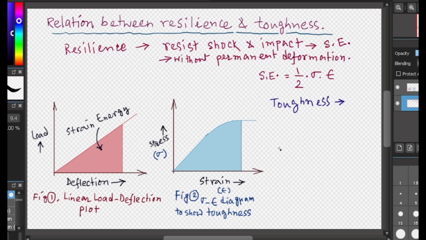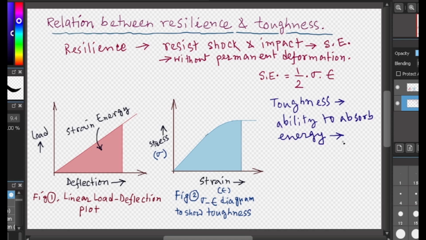It is the ability of a material to absorb energy during both elastic and inelastic deformation. Okay, this is very important. It is not only elastic but also inelastic deformation.